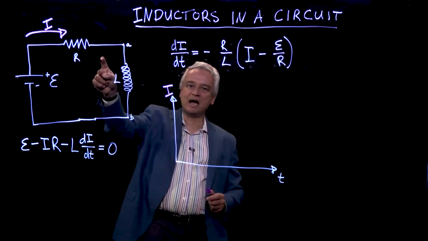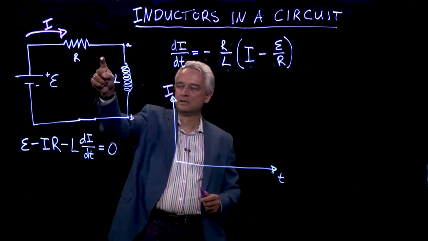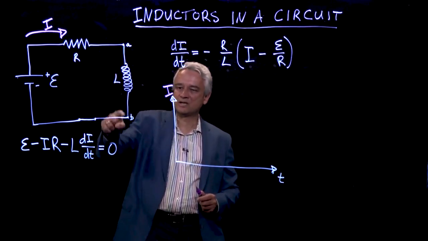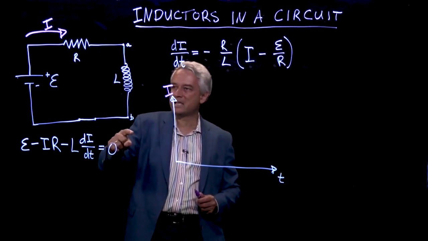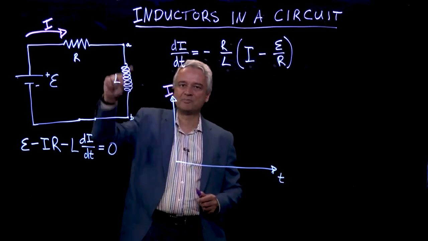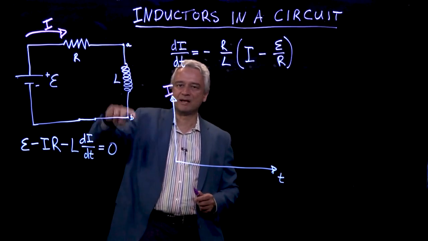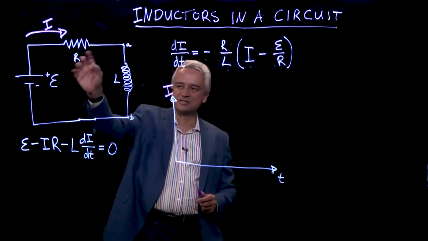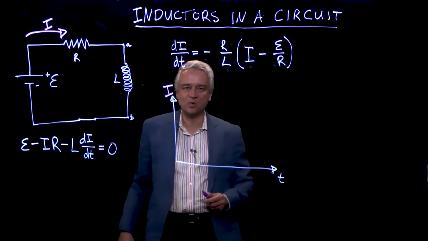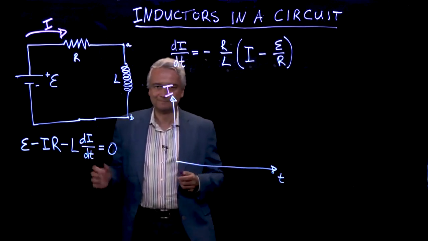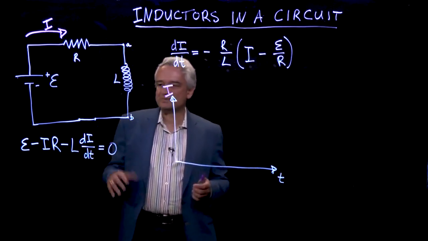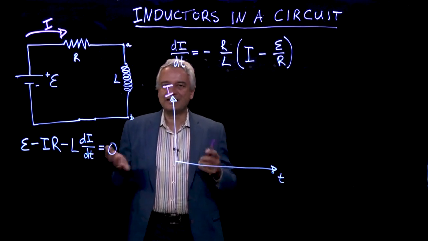You're going to drop by IR here. So when you go across this, you have to drop by whatever the remaining drop is. And whatever that remaining drop is, if IR is really, really small, that remaining drop is going to be epsilon. But there's no way that drop could be bigger than epsilon. And so that tells me that I can't have a situation where the current jumps.